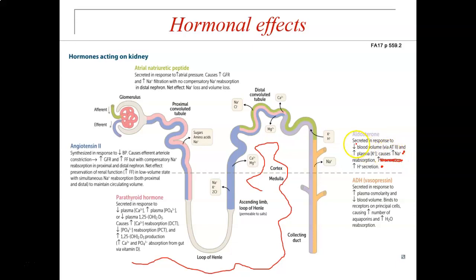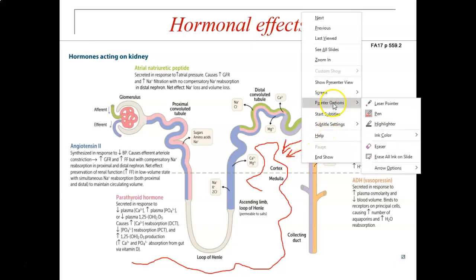With aldosterone, the idea is to retain fluid. We want to reduce the amount of urine we produce. So how do we do that? Well, water's a follower, so if I can pull more sodium from the tubule into the bloodstream, water will follow. Does that make sense?